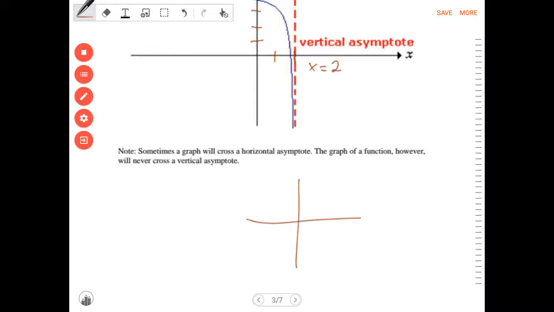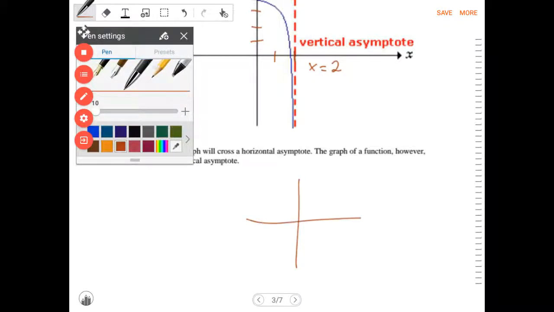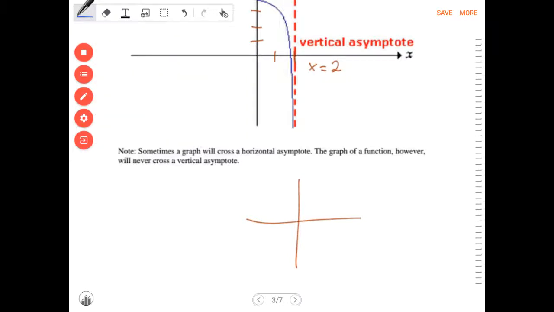You could get something that does this, and it'll be kind of weird, but if it crosses and then does something like that, we would still consider the x-axis a horizontal asymptote, at least to that part. It's rare and it's kind of a weird function, but it can happen.